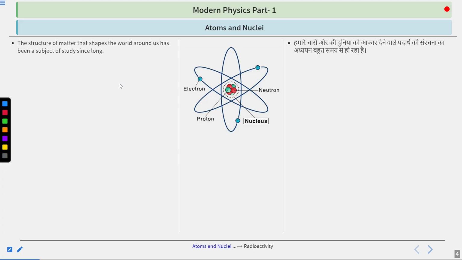So whenever we talk about matter, generally we consider only the three states, starting with the solid, then liquid, then gaseous. Got it? So basically, the structure of matter that shapes the world around us has been a subject of study since long. Since the beginning, we have had the curiosity to know why some things are solid, why some things are liquid, why some things are gaseous, and how they change their state of matter.